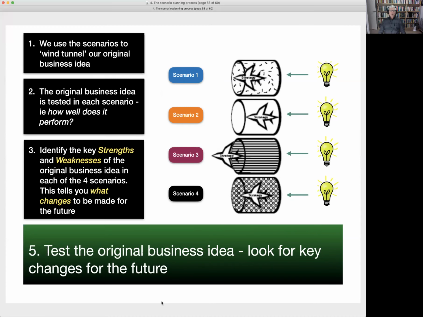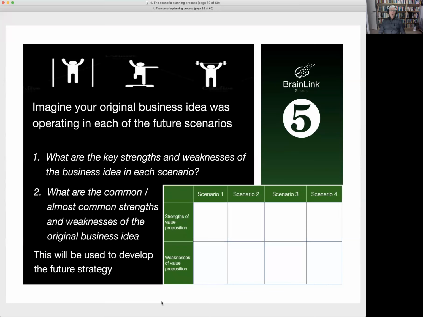And as we do that, we identify the key strengths and key weaknesses of the original business idea or value proposition in each scenario. And this tells us what changes we have to make for the future. And once we've identified the key strengths and weaknesses and the common strengths and weaknesses, we then have all the information we require to begin assembling the future strategy and the future capabilities needed by the organization.